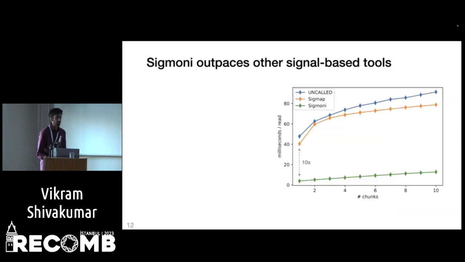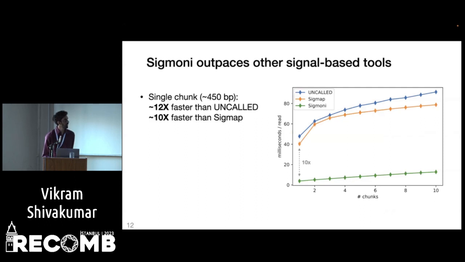And so to get to some speed results first, Sigmoni is significantly faster than other signal-based tools, so I'm going to compare it to UNCALLED and Sigmap in particular. In particular, for single chunks, which is the smallest discrete length of time that you get from a sequencer, around 450 base pairs, we're around an order of magnitude faster than the previous tools.